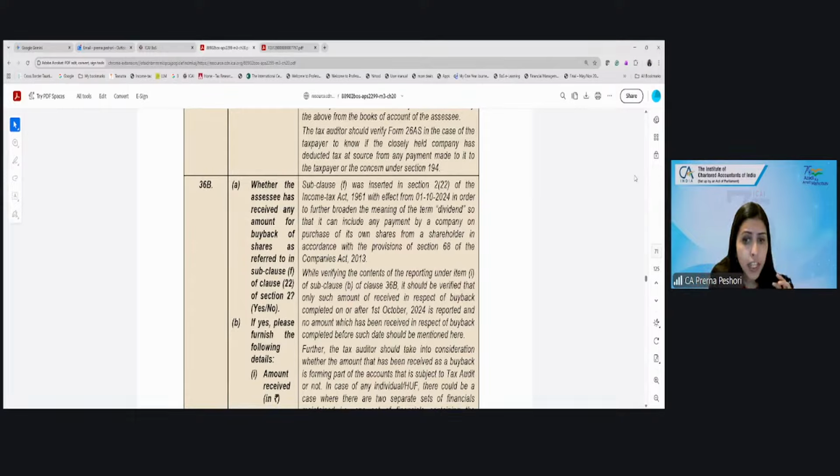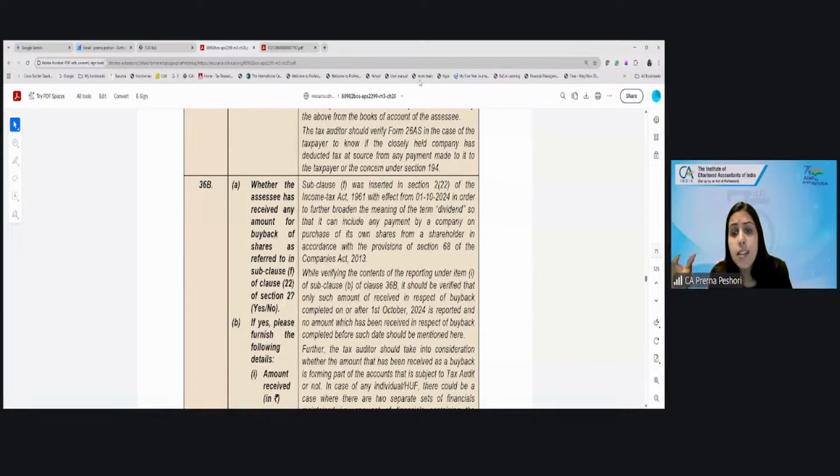So in case of an individual or HUF, there could be a case where there are two sets of financials. One consisting of business accounts and the other for the personal accounts, because he may be a sole proprietor. The tax auditor should take into consideration whether the amount received as buyback is forming part of the business accounts.